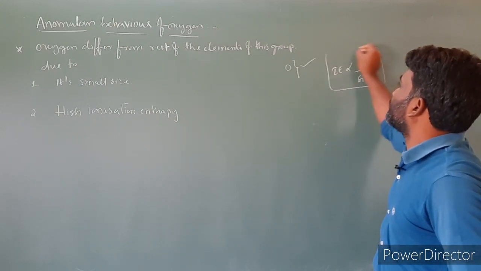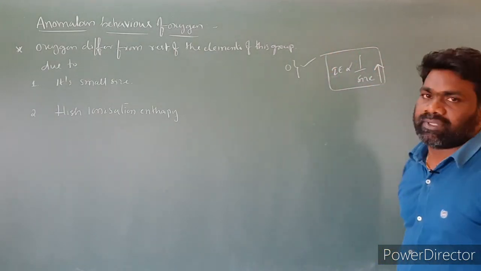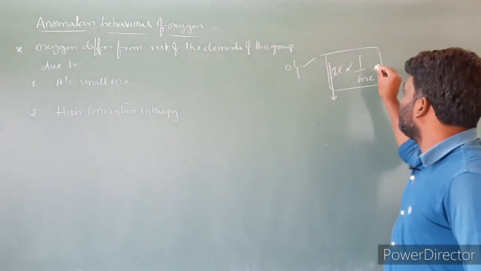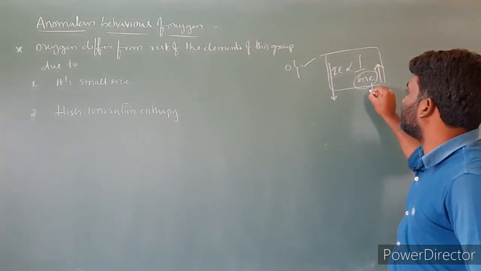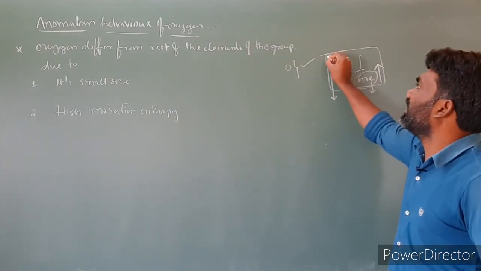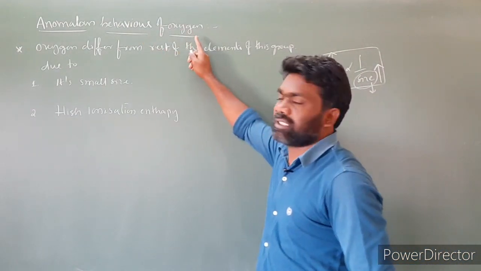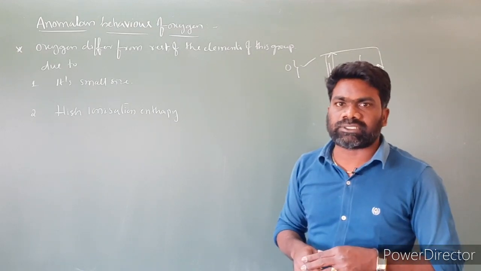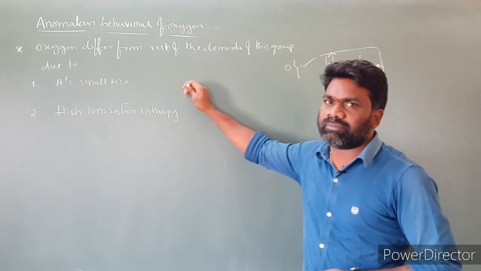While moving from top to bottom, atomic sizes increase, and whenever the size increases, ionization energy decreases. Oxygen is small in size, very small, so automatically its ionization energy is more. So the anomalous behavior of oxygen means the properties of oxygen compared with the remaining elements are a little bit different.